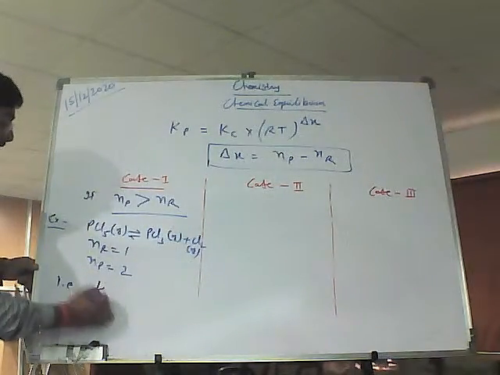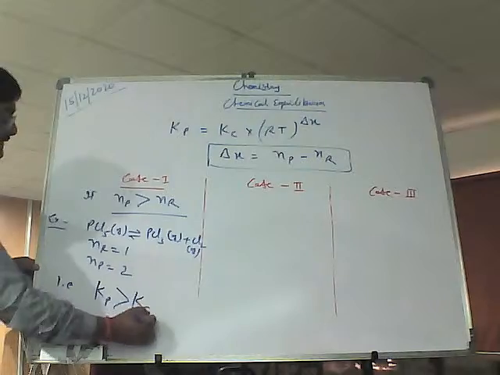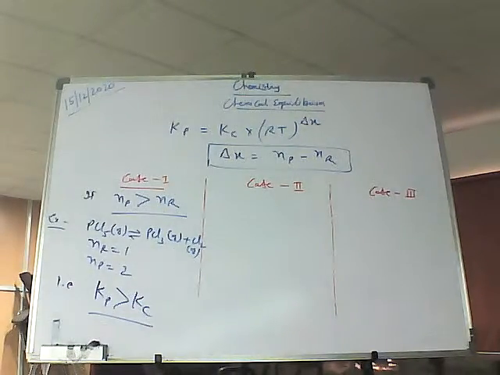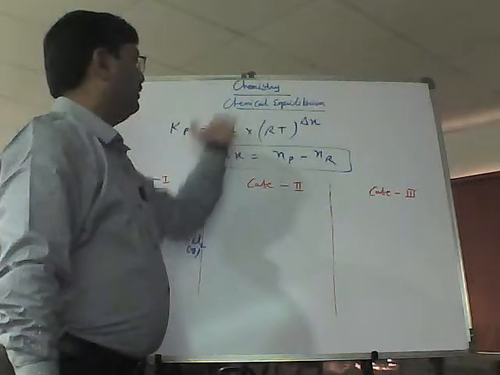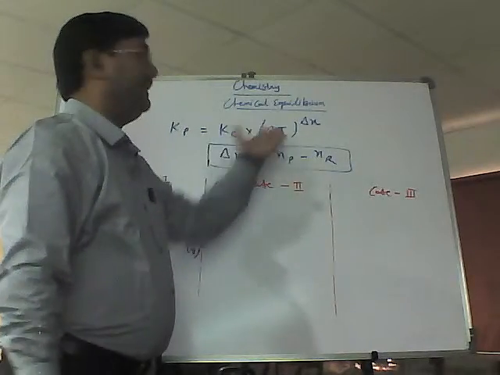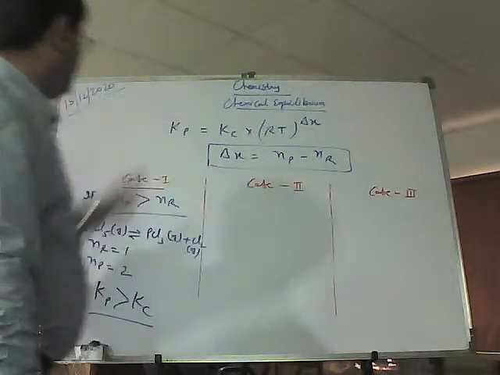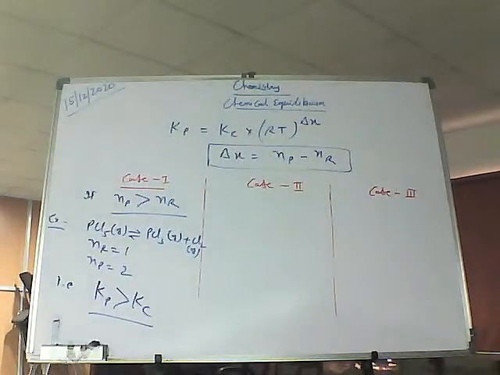It means that Kp is greater than Kc. If the number of moles of the product is greater than the number of moles of the reactant, Kc will have some value, this will also have some value, and when you multiply the value will become very big. It means that in this condition Kp will always be greater than Kc.